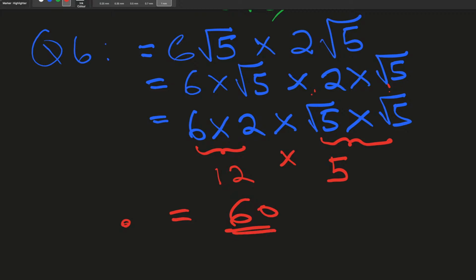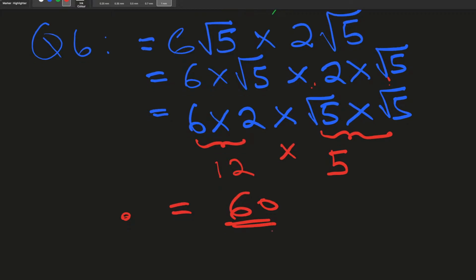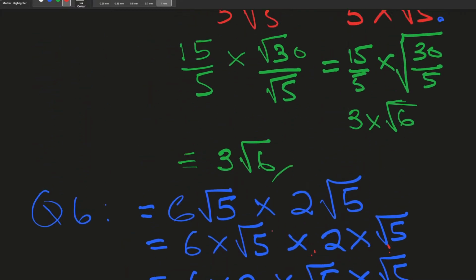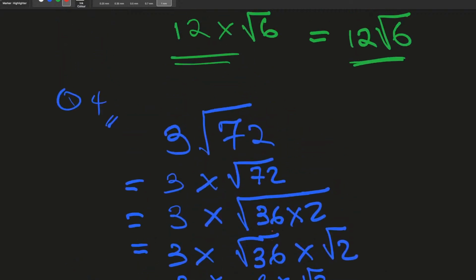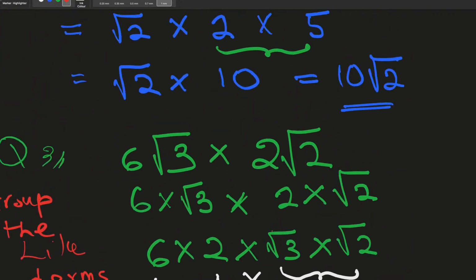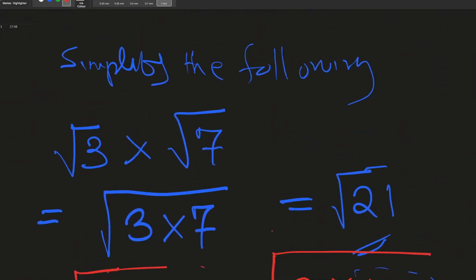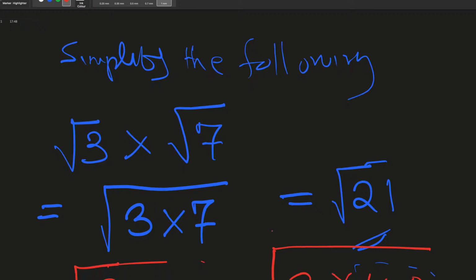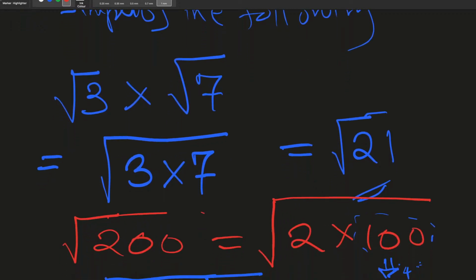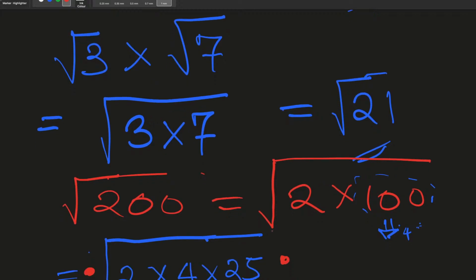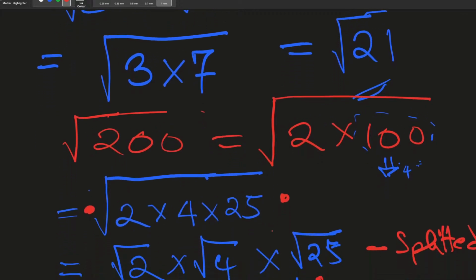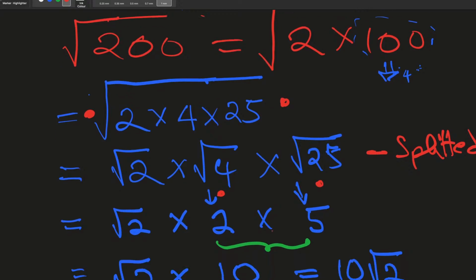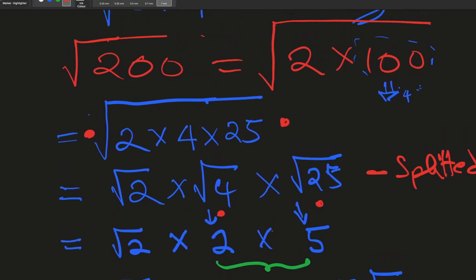Okay, so that is where we will finish with this breakdown of surds. As we saw earlier, our first question given was 3 root 7. We know we have to split it. In the previous one we had the square root of 200.